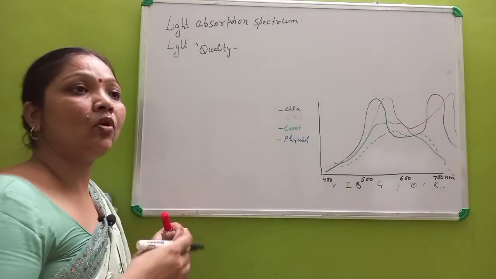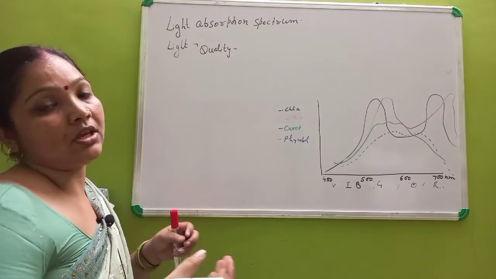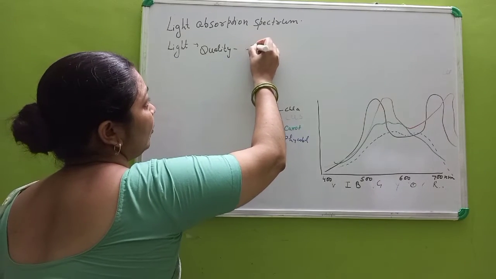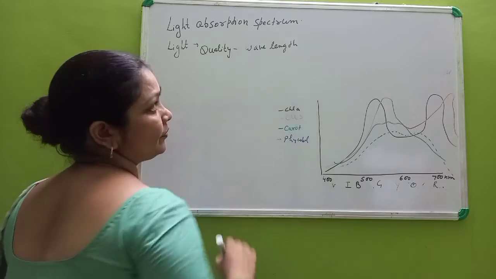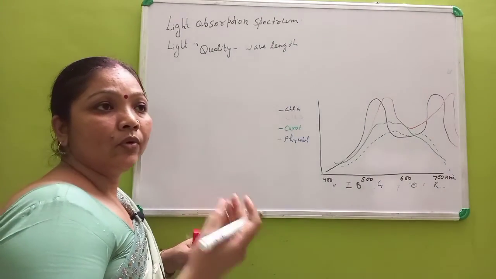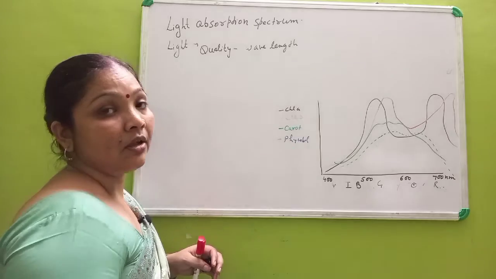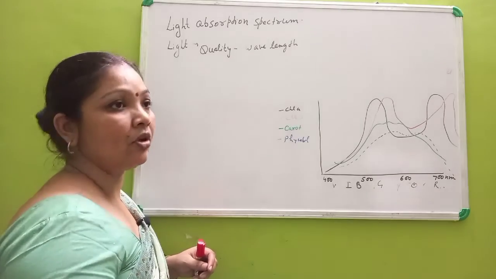And here the quality means the wavelength, which is essential to maintain the quality of light, because the quality of light will decide the rate of photosynthesis.